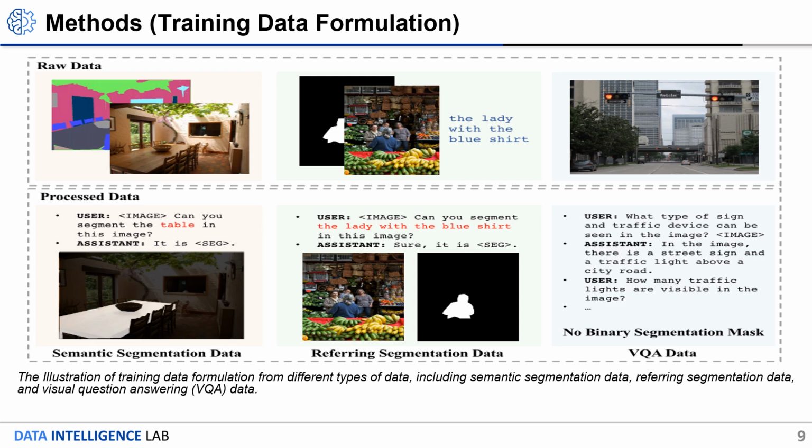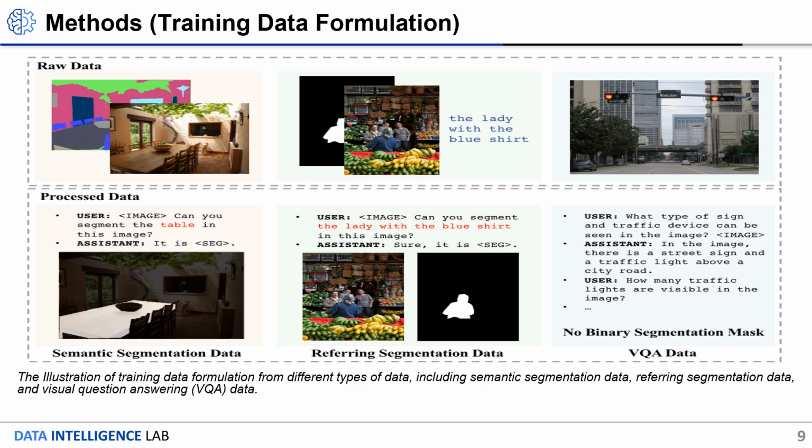This is formatted similarly. Can you segment the lady with the blue shirt? Then the answer is, sure, it is SEG. The provided mask is used as the ground truth. This teaches LISA to segment based on explicit description.